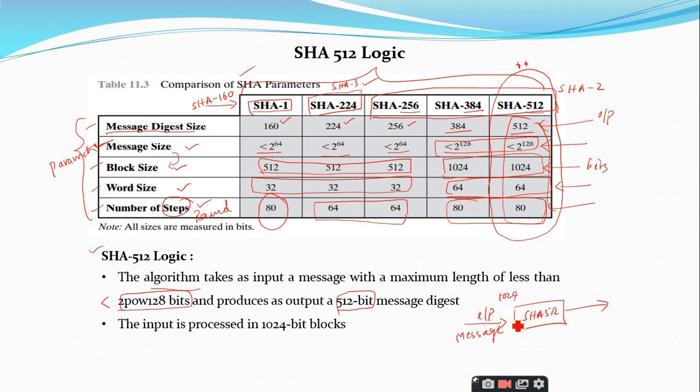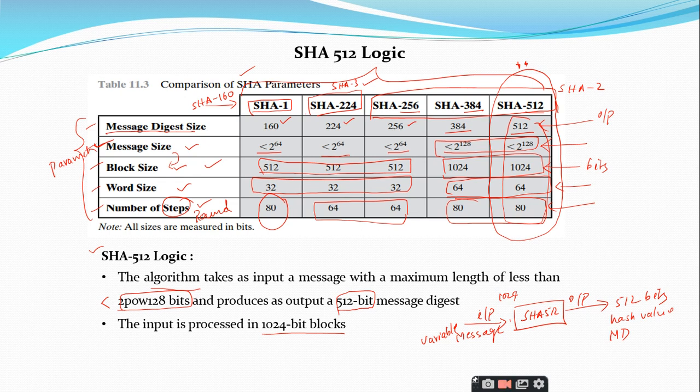That's a different case. But by looking at the output structure, the input is a variable length message, but the output is fixed, which is 512 bits, which is nothing but the hash value, also called the message digest. And the input is going to be processed in 1024-bit blocks. This is the block size.